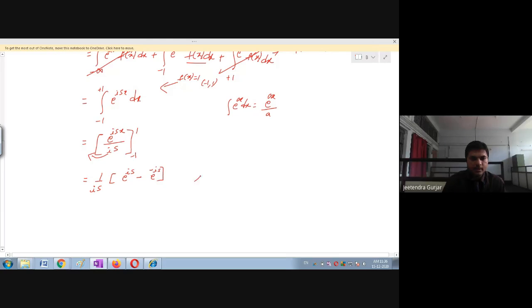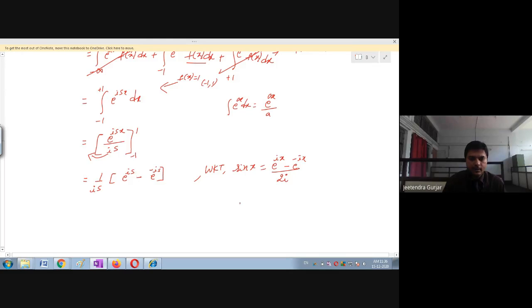Now please remember this, some of the formulas we know, so that you can directly practice these examples. sin x is equal to e raised to ix minus e raised to minus ix upon 2i.